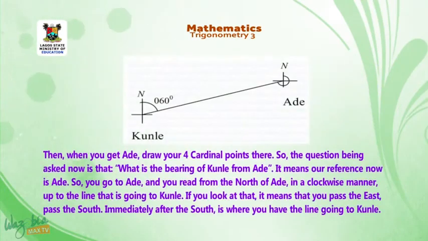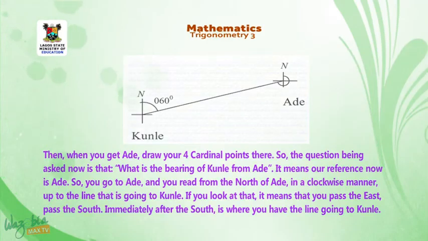Then when you get to Ade, draw your 4 cardinal points there. So the question being asked now is, what is the bearing of Kunle from Ade? It means our reference now is Ade. So you go to Ade and you read from the north of Ade in a clockwise manner up to the line that is going to Kunle.